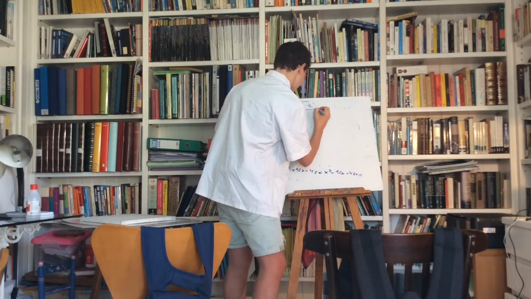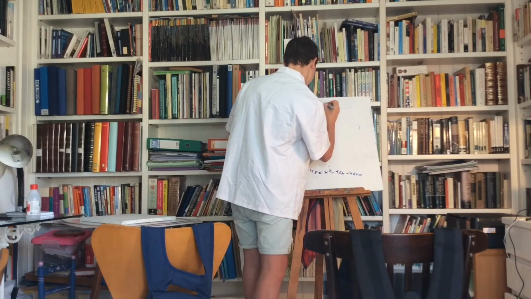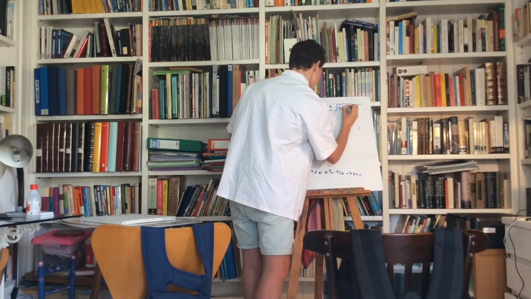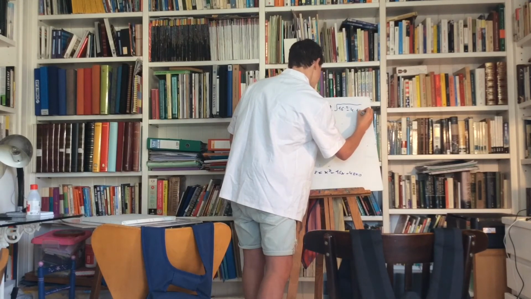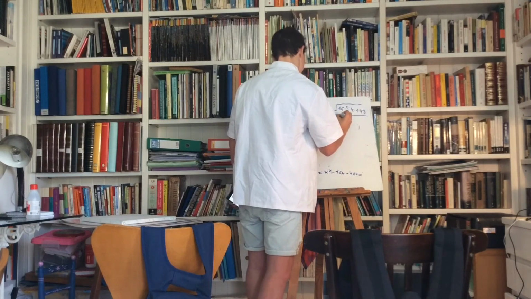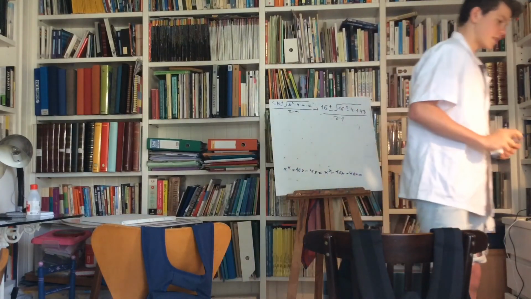So that is minus b, so that is 16 plus or minus square root of 16 squared minus 4 times 1 times 48, and that's over 2 times 1. So we get the calculator out.